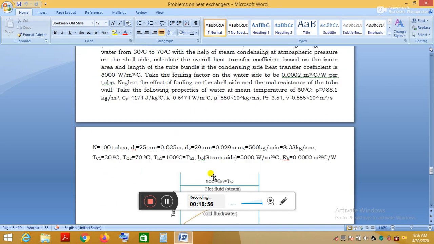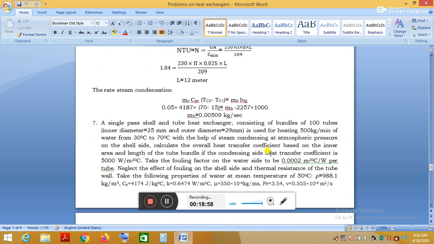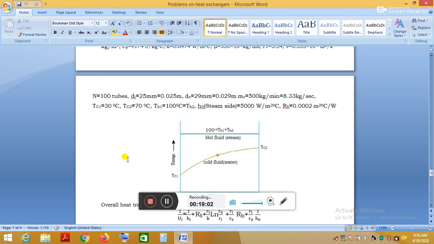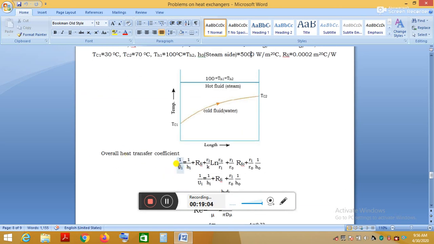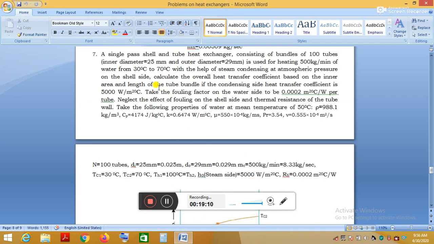Now he asks us to find the overall heat transfer coefficient based on inner area. If you go to the data book, you will find two equations, one for Ui and one for U naught. But in the problem itself, he has mentioned to calculate the overall heat transfer coefficient based on inner area.